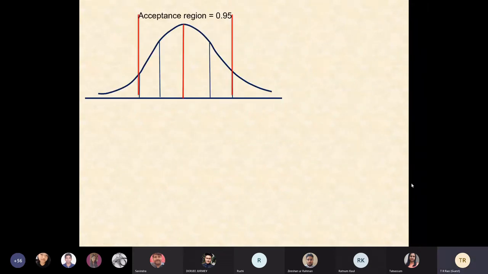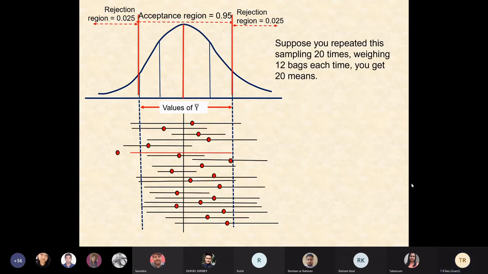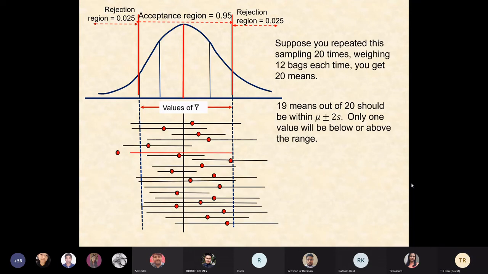Now, what do we mean by acceptance region? If you take 20 observations, I'm just showing those 20. Since the acceptance region is 0.95, 19 observations out of 20 should be within the mean plus or minus 2 standard deviations, because, remember, the mean plus or minus 2 standard deviations will give us 95% of the values.